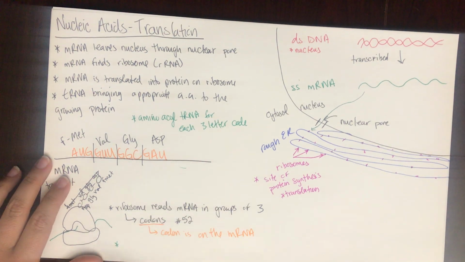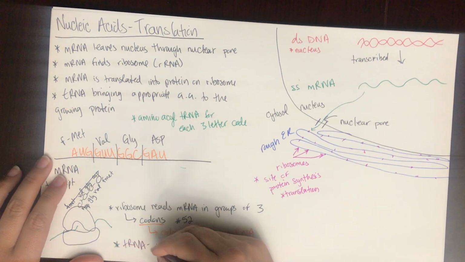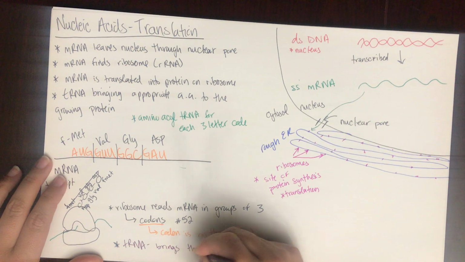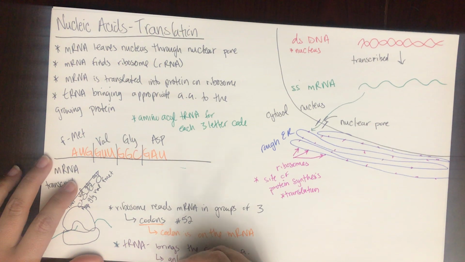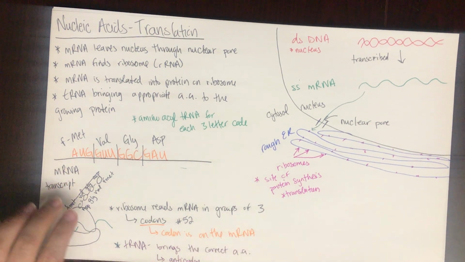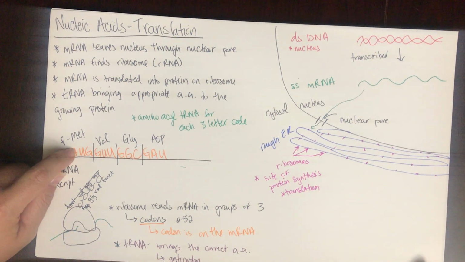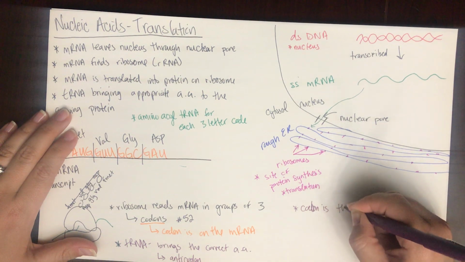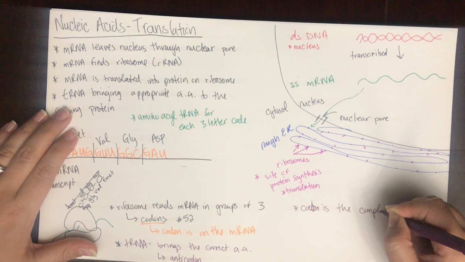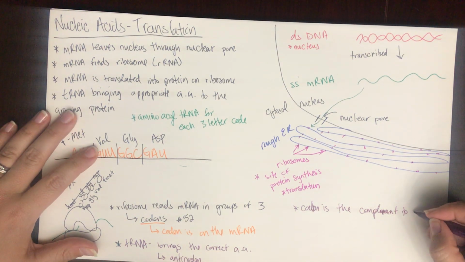The tRNA, let's use a different color, which brings the correct amino acid, has what's called the anticodon. So the way that this tRNA brings the next correct amino acid is by binding the complement of the codon. Codon is the complement to the anticodon.